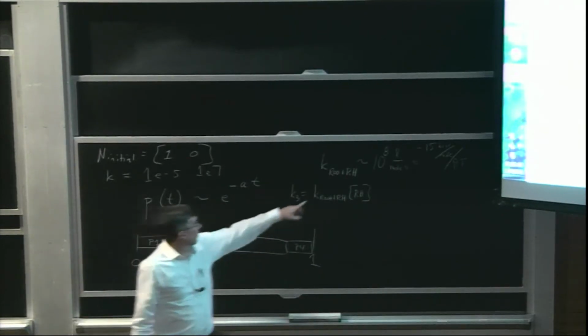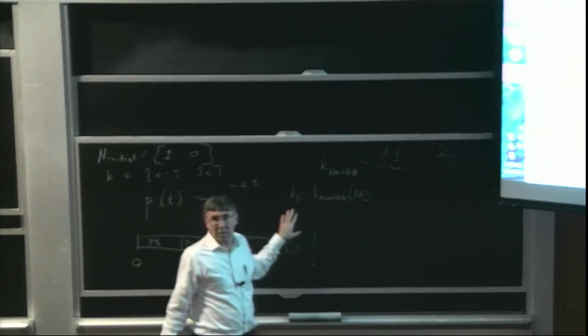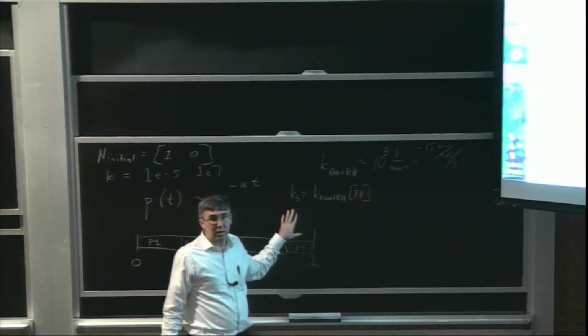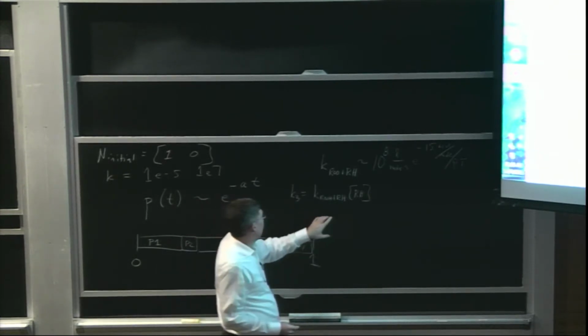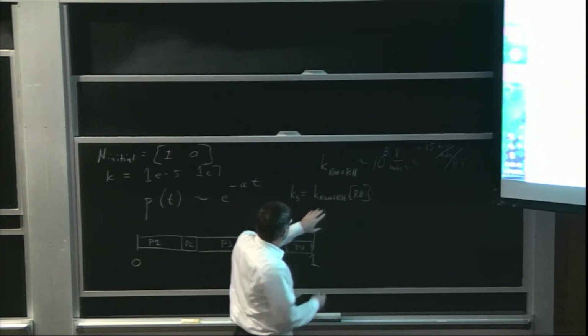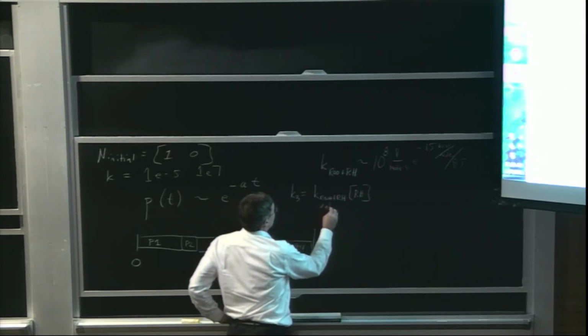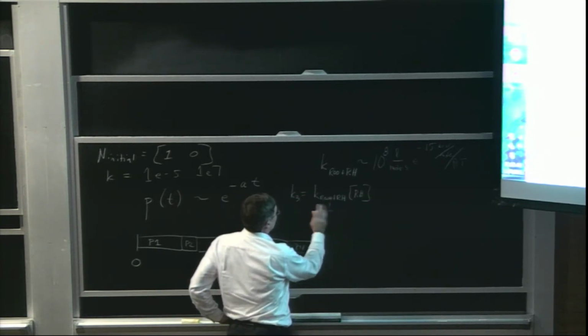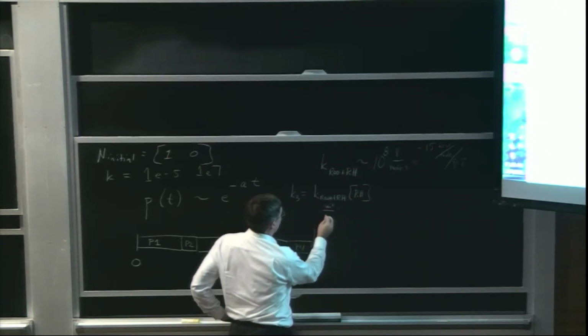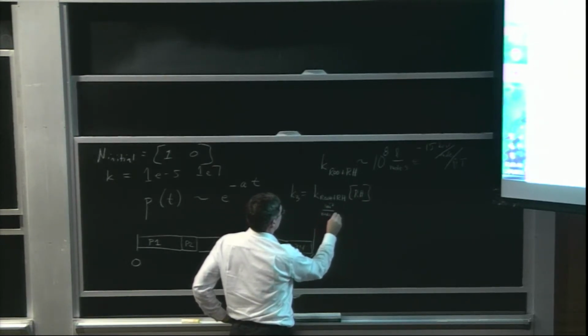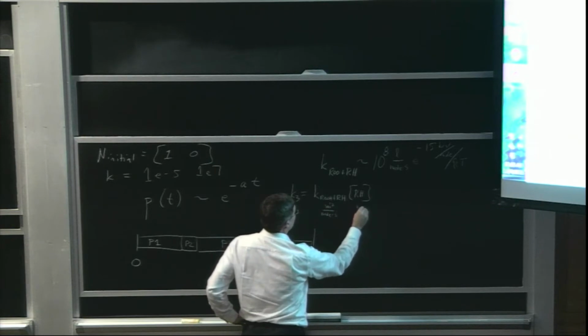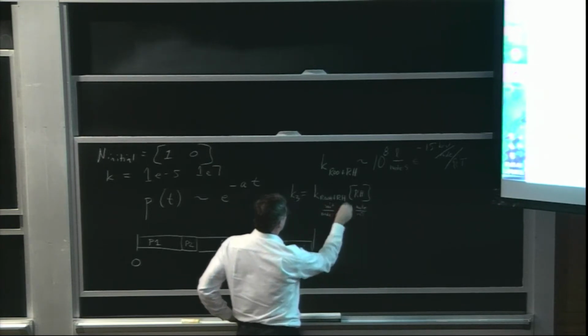We want this to have units of per second. Is that right? This is in units of volume per meters cubed per mole second, and this would be moles per meter cubed. And so it's per second, which looks right.